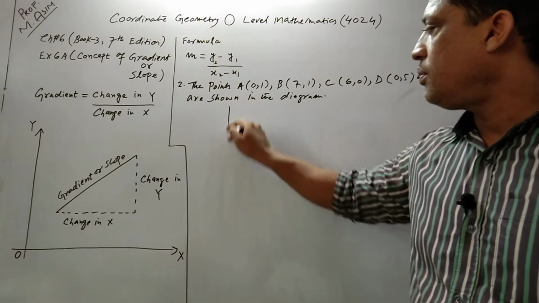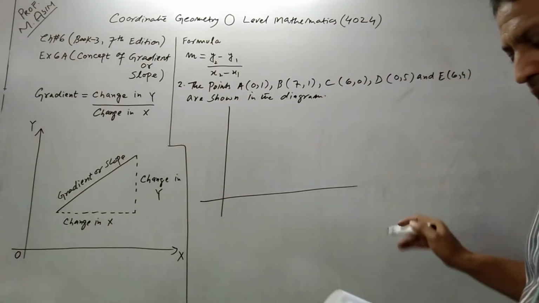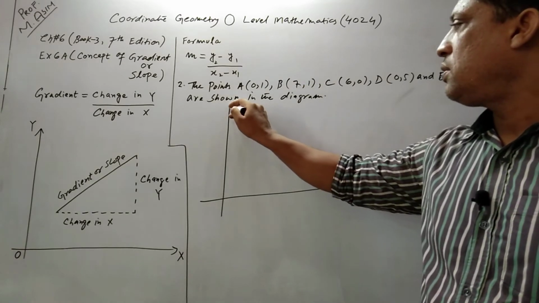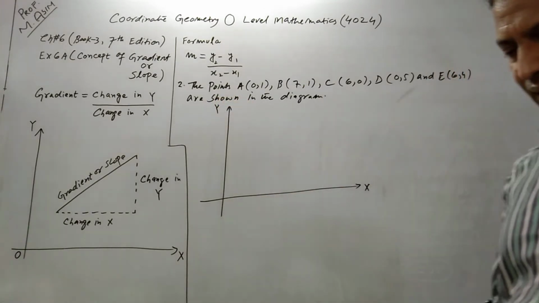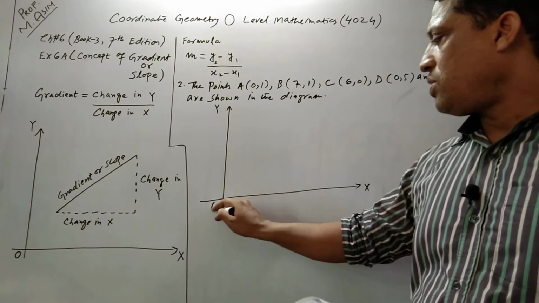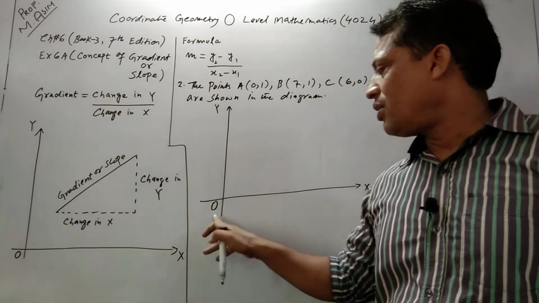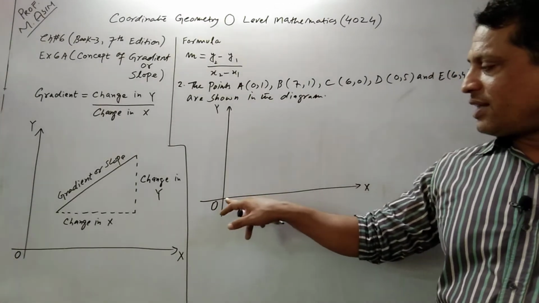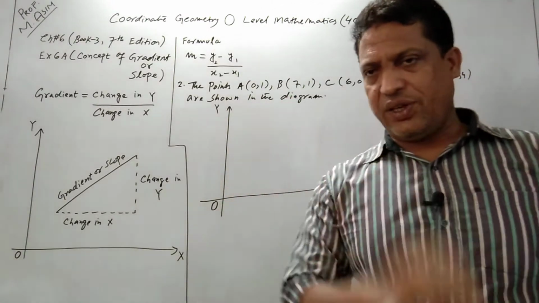See, the diagram is, this is the x-axis, this is the y-axis. This is 0. 0 is called the origin. Origin means where the value of x is 0 and the value of y is 0.